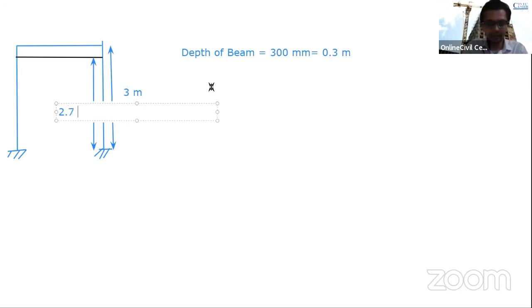So it will be 2.7 meter. You can see these considerations can vary; I'm just taking an example. If you understand the concept behind this example, you can easily calculate the weight of brickwork anywhere.